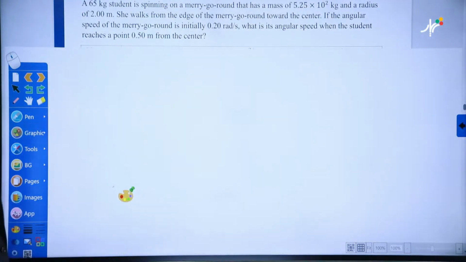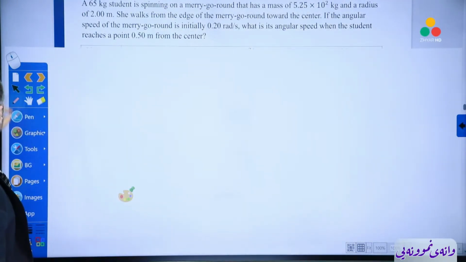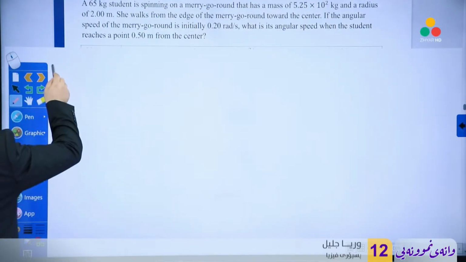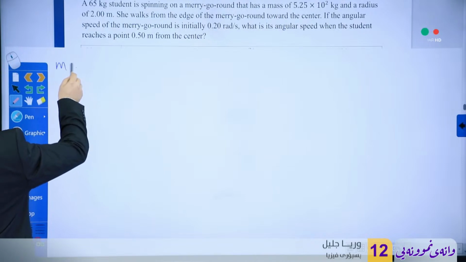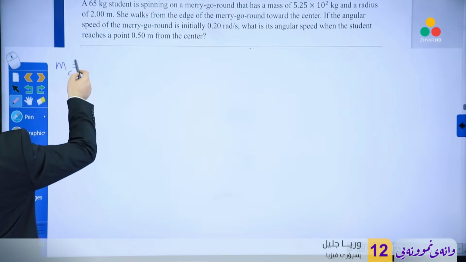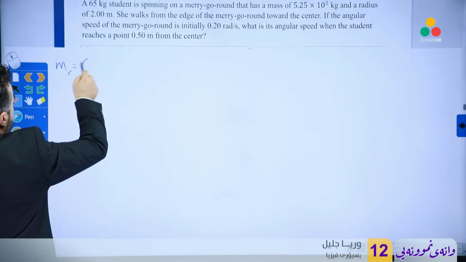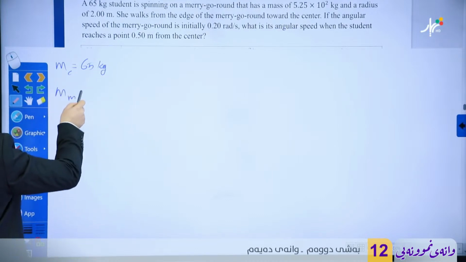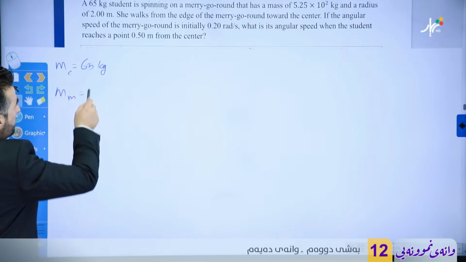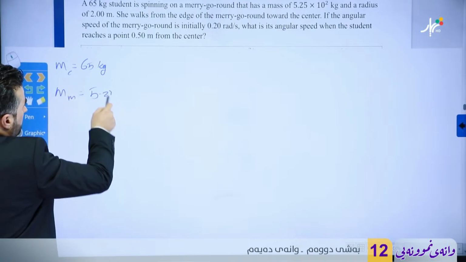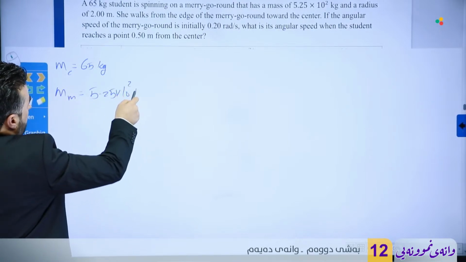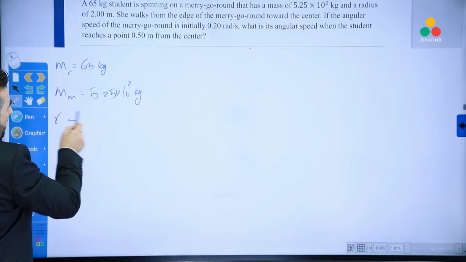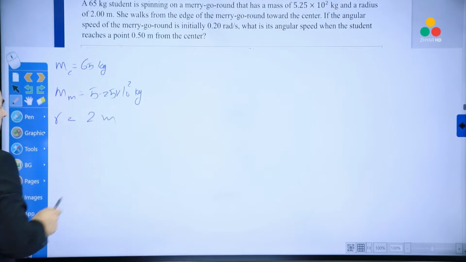Okay, so take a look once again, write all the information that is given. So we have the mass of the child, let's say C for child, 65 kilograms. Then we have the mass of the merry-go-round, which is 5.25 times 10 to the power 2 kilograms. The radius of the merry-go-round is 2 meters, okay?